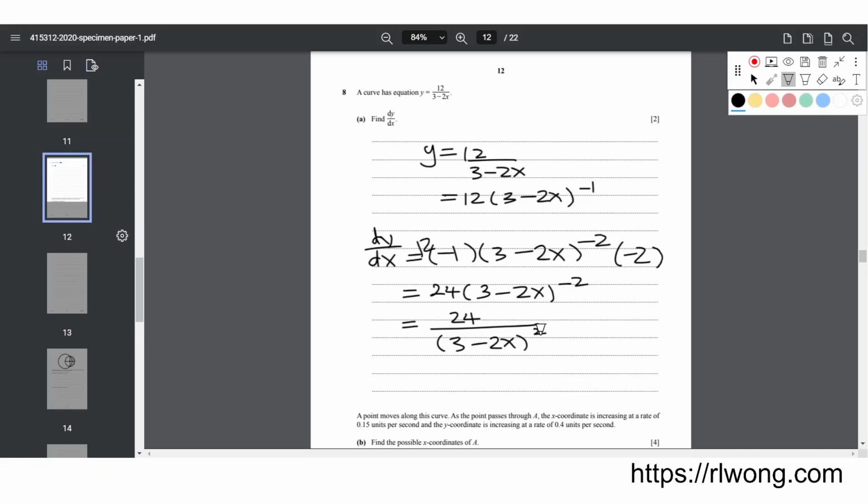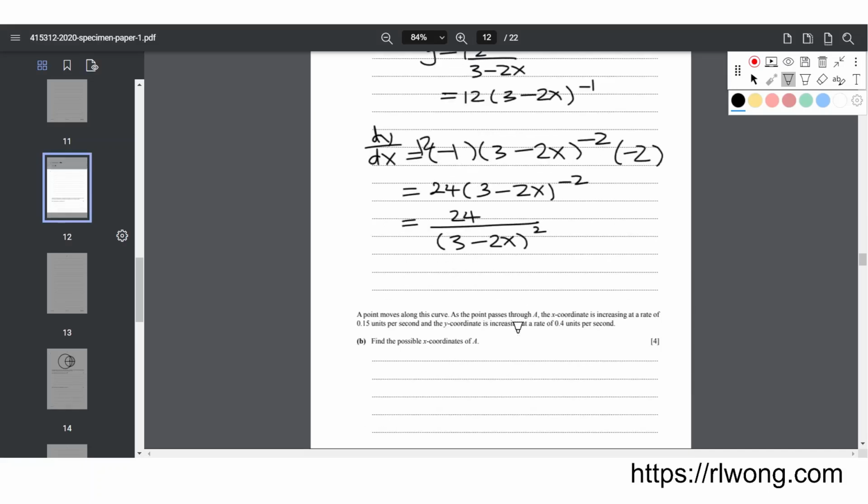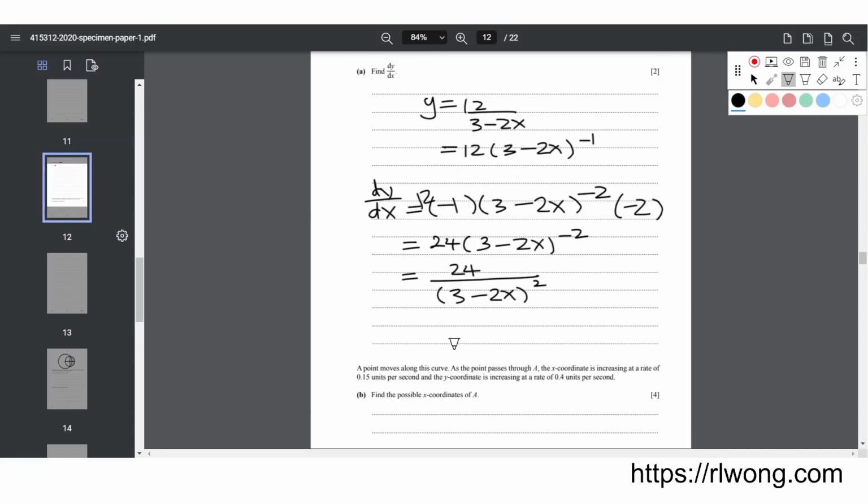Okay, now that I have done that, let's move on to the next part. A point moves along this curve. As the point passes through A, the x-coordinate is increasing at a rate of 0.15 units per second, and the y-coordinate is increasing at a rate of 0.4 units per second. Find the possible x-coordinates of A. So very likely we have more than one answer, because I see the word x-coordinates.